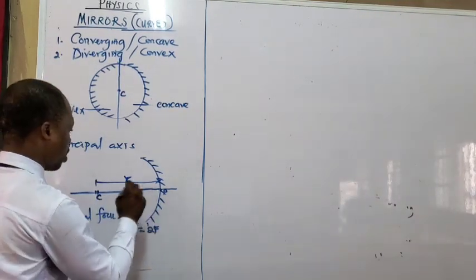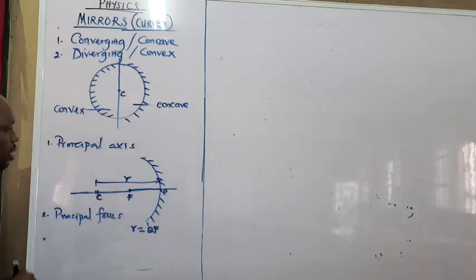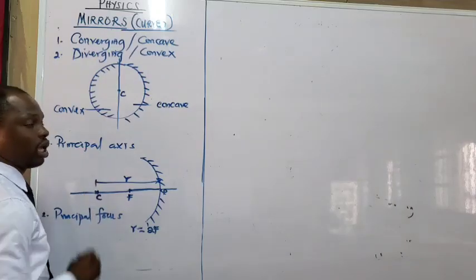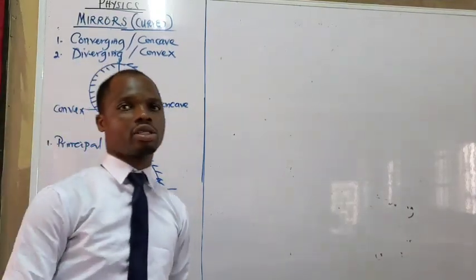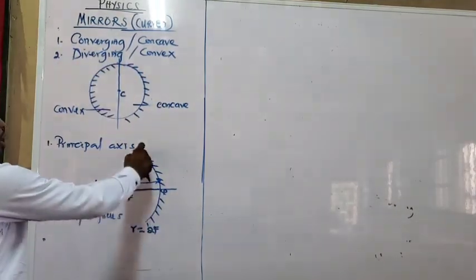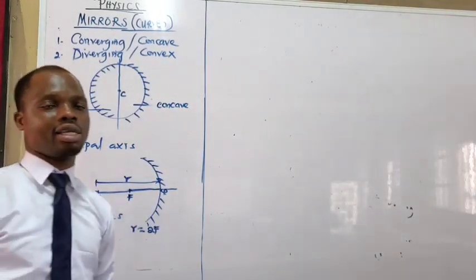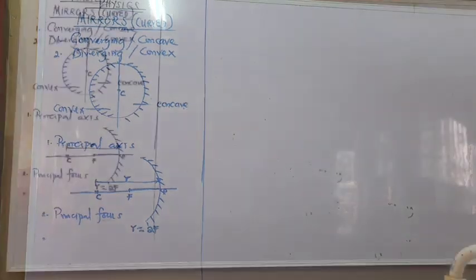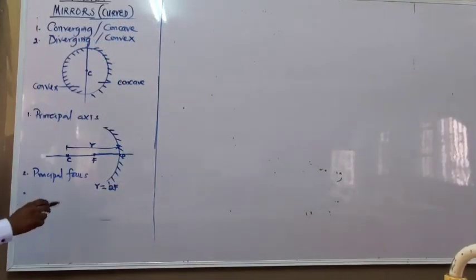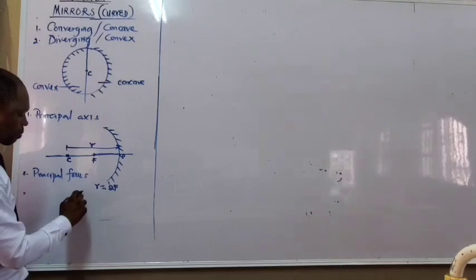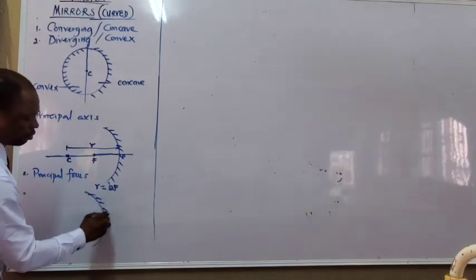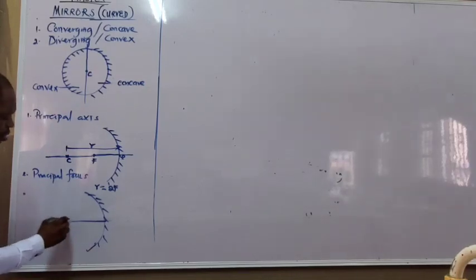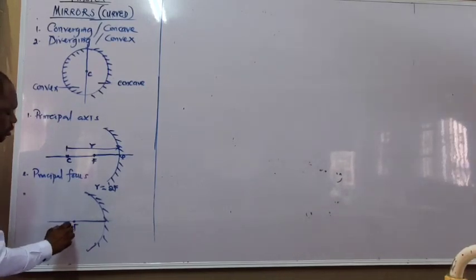The center of curvature is like the point from which the mirror has its curve. So we have for the concave mirror, this is the principal focus.